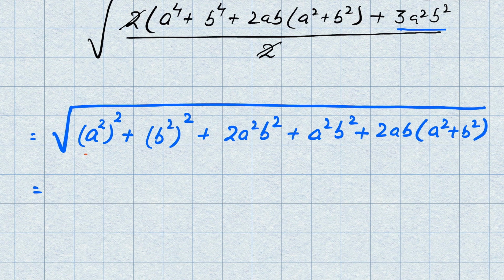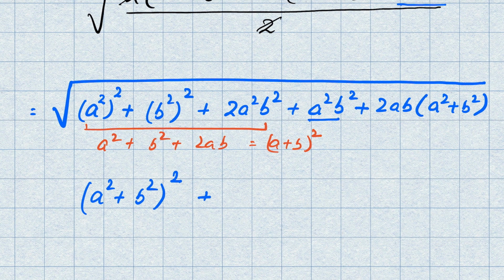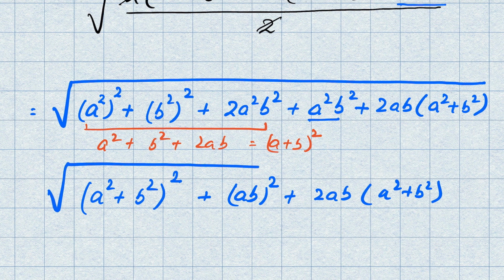Now this is in the form of A square plus B square plus 2AB, an algebraic expression which we can write as A plus B whole square. So we can write it as A square plus B square whole square plus A square B square, we can write it as AB whole square, plus 2AB A square plus B square under square root.